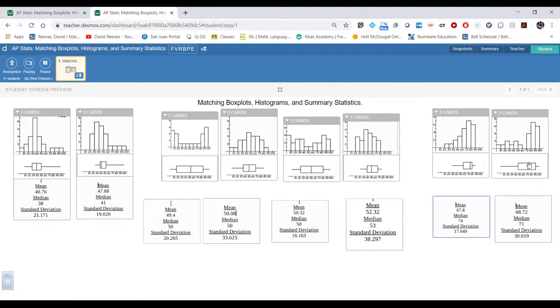We have a mean of 68 right here. How far do we spread from that on this one versus how far on this one, right? If I put a mark right there at 68, this goes up to 90 that direction and down to 20, right? This one goes up to 100 and down to 0. So which one has the higher spread? This one definitely has the higher spread, right?